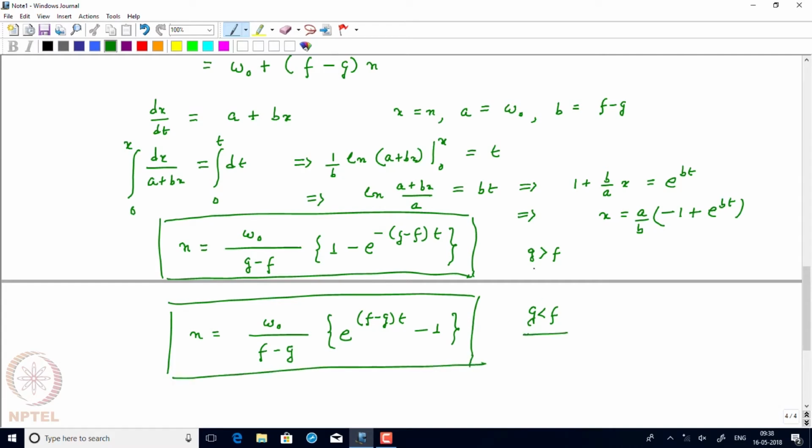So I have basically two conditions. One, g is greater than f, which means the termination dominates.